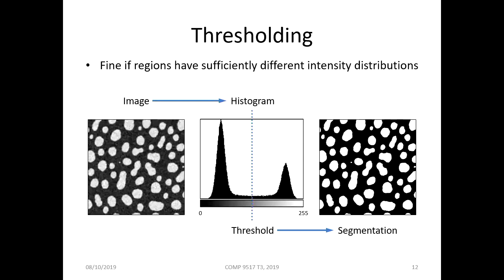As long as that is the case, you can use thresholding, but in most cases, that is not so. It's much more complicated. The histogram is much more complicated, but this image on the left is almost already binary. So the histogram is not surprisingly very bimodal, and if you apply the threshold there, you will get a segmentation. So you turn a grayscale image into a binary image, where now every pixel is either object or background.